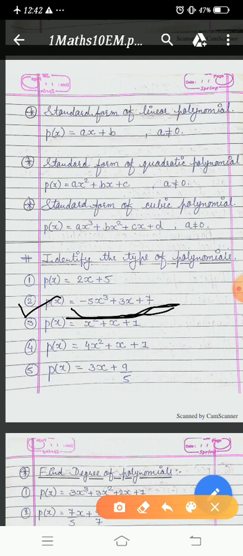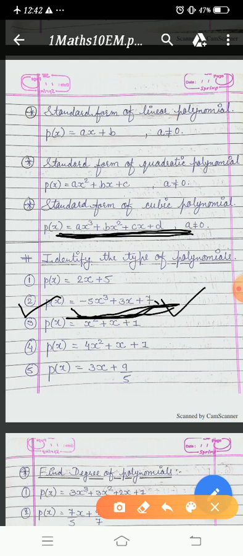Whenever the degree of a polynomial is 3, that type of polynomial is known as a cubic polynomial. When we compare it with the standard equation, it will be ax cube plus bx square plus cx plus d. That means here the value of a equals minus 5, that is the coefficient of x cube.